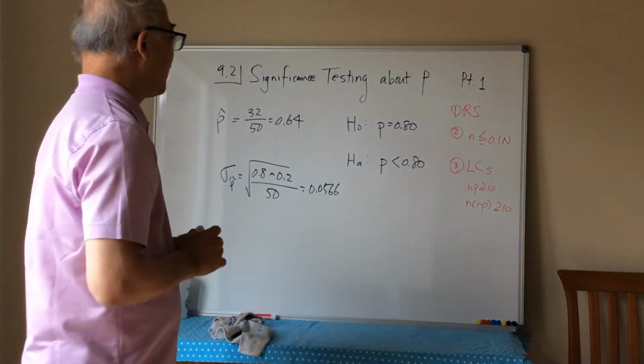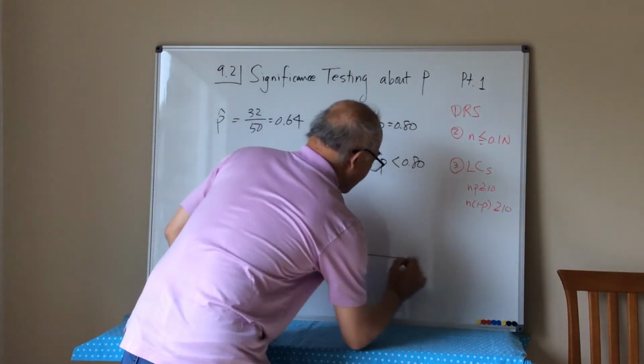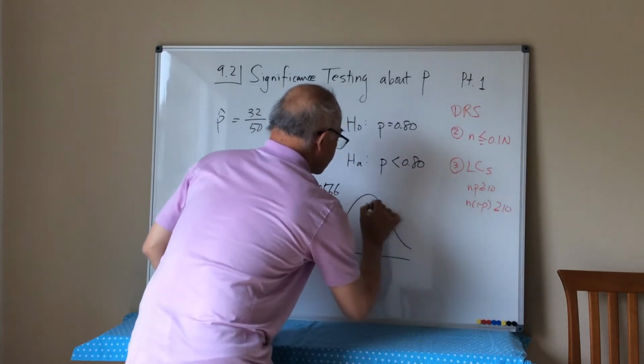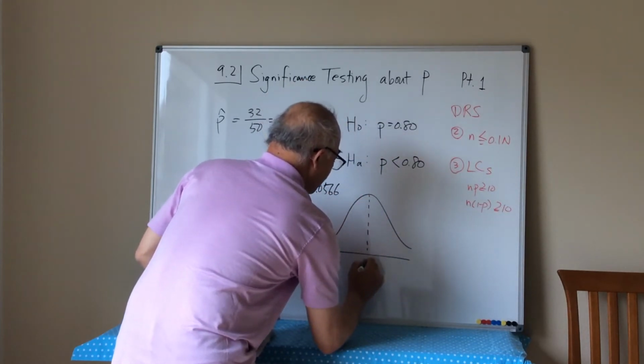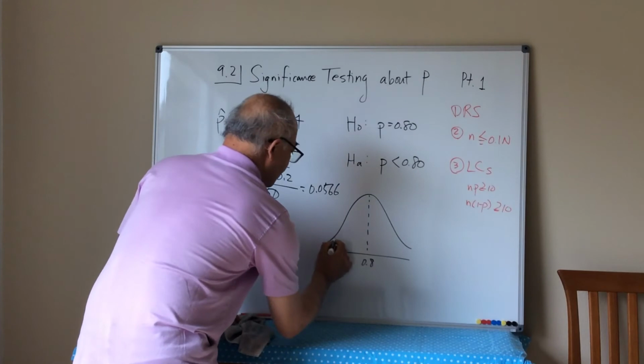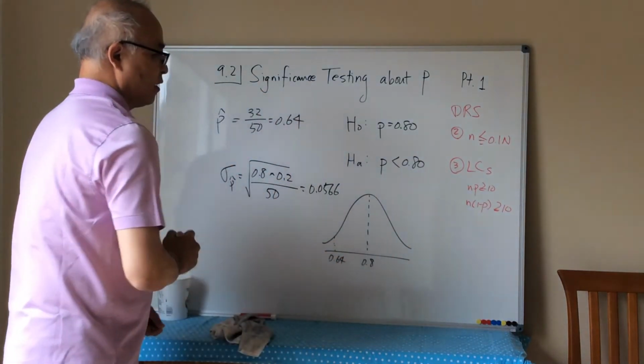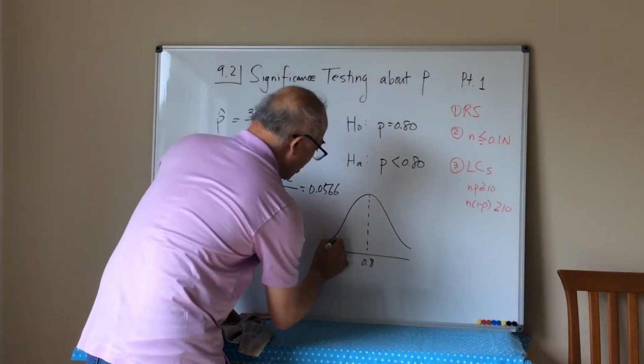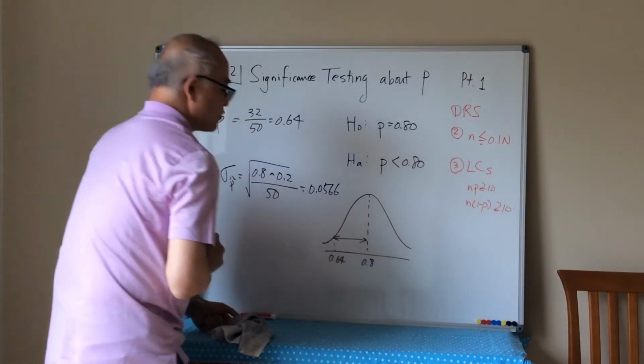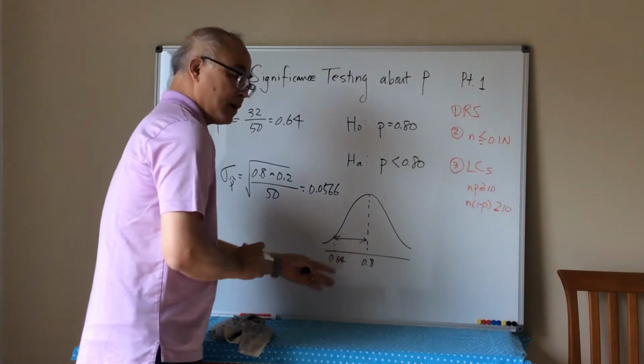Then we have to find out the statistic. How far away is this statistic? We have 0.8, and we have 0.64 here, so we need to find the z-score for this. The z-score is how far away it is.